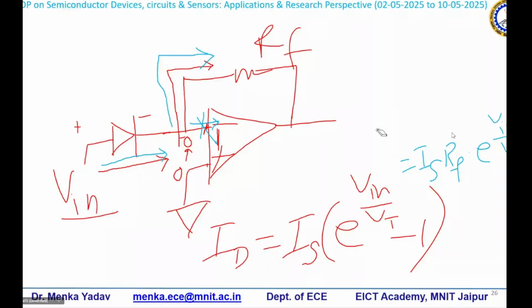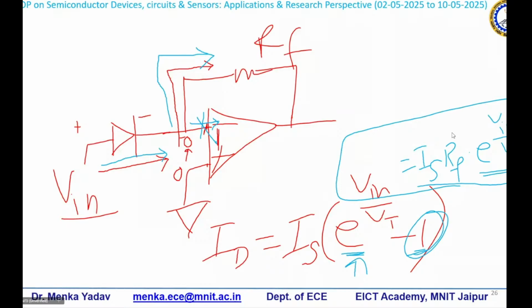You give some input value and you want to find its exponent, so you will be able to find this value. Now look, if this is going to increase, the minus 1 is negligibly small, so this component can be neglected, and directly it is going to appear just like the exponent of it.